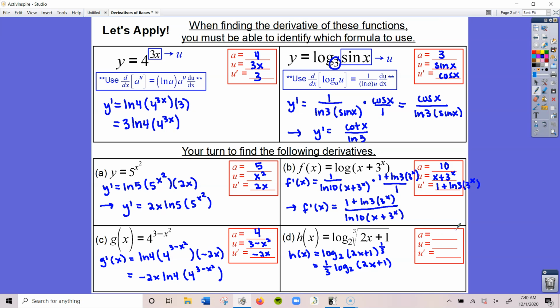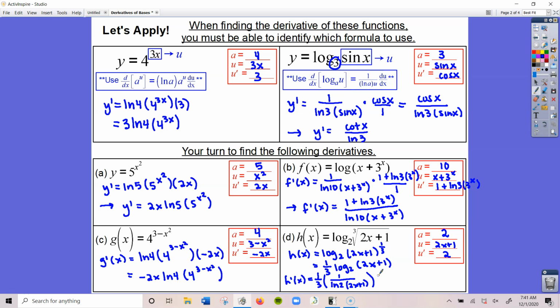So let's go ahead and label here what a, u, and u prime is. A is my base, so 2. U would be 2x plus 1, and so u prime would be 2. And now we're ready to find the derivative. So h prime of x is going to equal, we have this 1/3, so 1 over 3, times 1 over the ln of the base, so 2, times u, which is 2x plus 1.